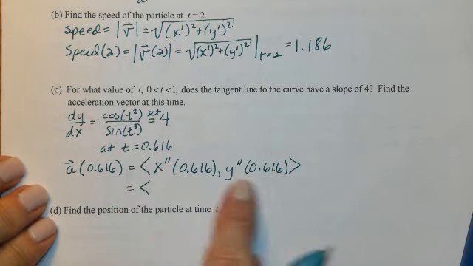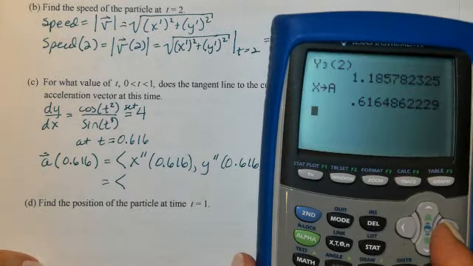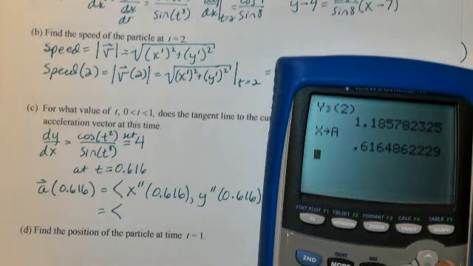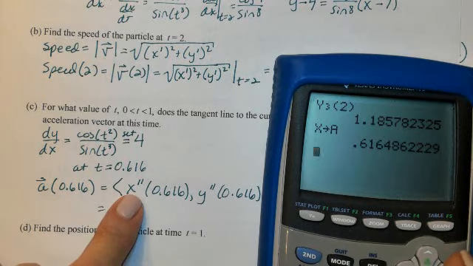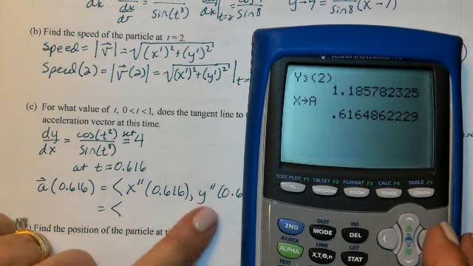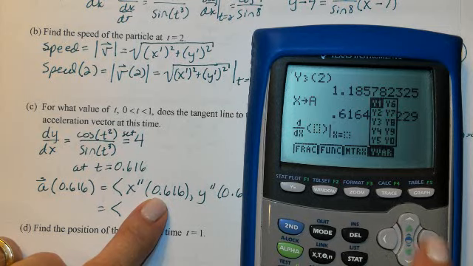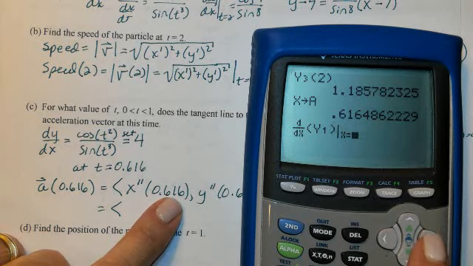Now that's what I'm doing to get my answer. So I've told AP what I'm doing, and now I'm going to use my calculator to do it. So I need the derivative of the first derivative at that time for both x and y. So I need math 8 because I'm taking the derivative. Derivative of y1 at that value of x, so at a.